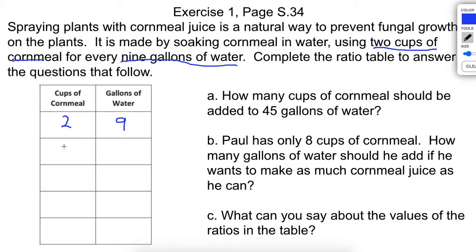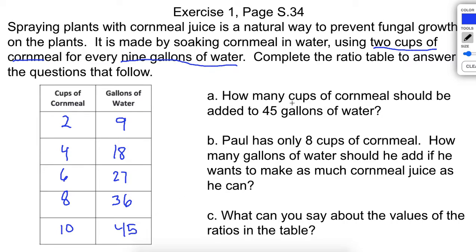So we can just go 2, 4, 6, 8, 10. And then we can go 9, 18. If we don't know, we can just add 9 again, which would be 27, 36, and I know just adding 9 is the same as adding 10, except we can take one away, so it'd be 45.